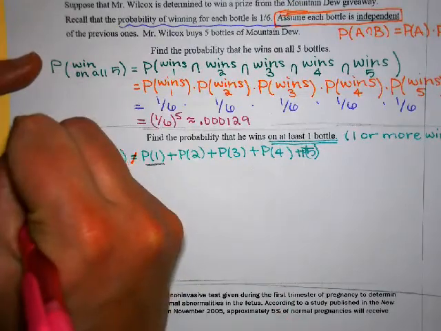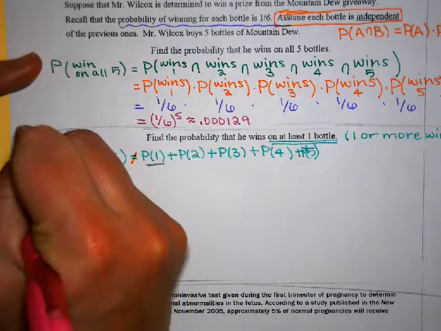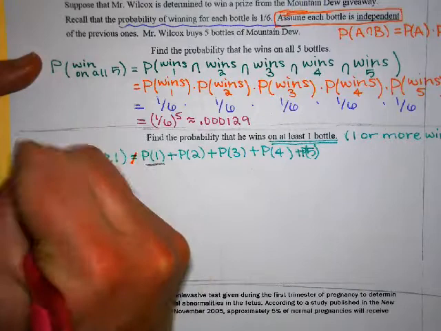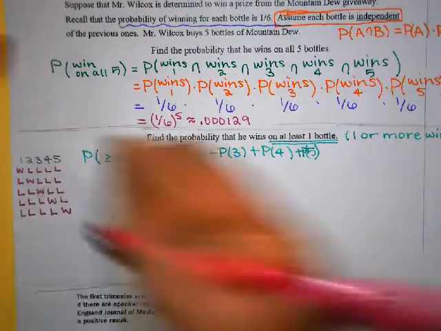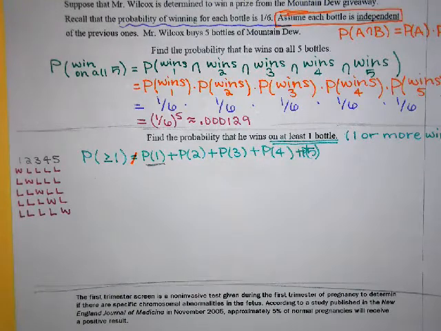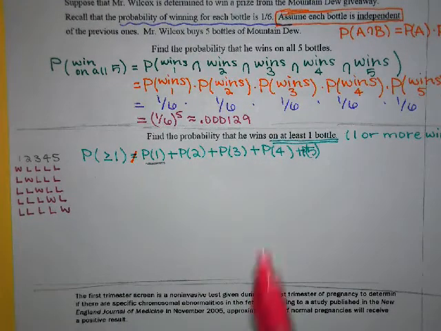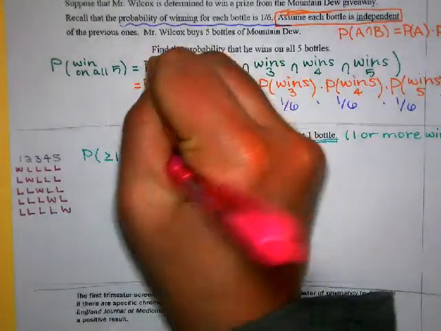Or the first 2 are losers, the third one's the winner, and the rest are losers. Or the fourth one's the winner, and the rest are losers. Or the first 4 are losers, and the last one's the winner. So there's 5 different ways that he could win on 1 bottle. And you would have to multiply 5 by that.